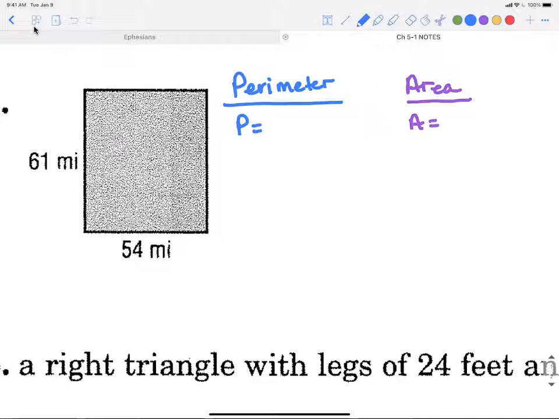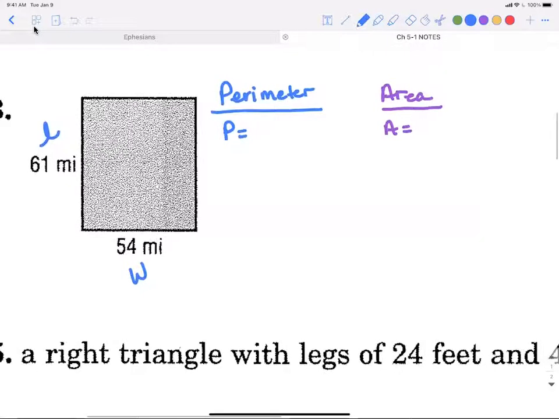It doesn't matter which one you call length and width. We can call this length, we can call this width, or vice versa. But the reason that it's 2L and 2W is because we know from the properties of rectangles that this side is also 61 miles, and this side is also 54 miles, because they have to be the same on both sides. So that's why it's 2L.